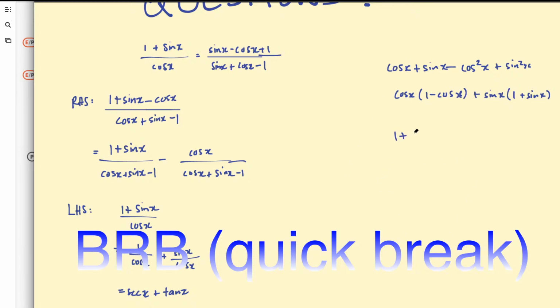What about 1 plus sine x is equal to sine squared x plus sine x plus cosine x? This is sine x plus 1 plus cosine x. It doesn't help, I don't think. Unless you separate that.